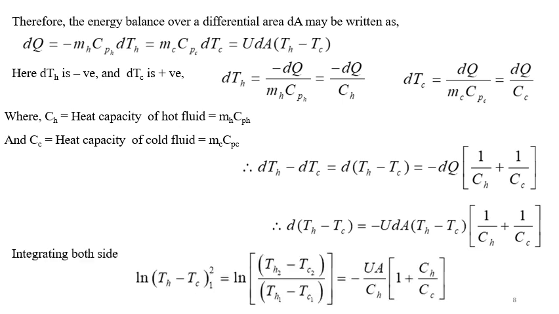So integrating both sides from 1 to 2, we get ln of (Th2 minus Tc2) divided by (Th1 minus Tc1), which is equal to minus UA by Ch into, taking Ch as a common term outside, (1 plus Ch by Cc).